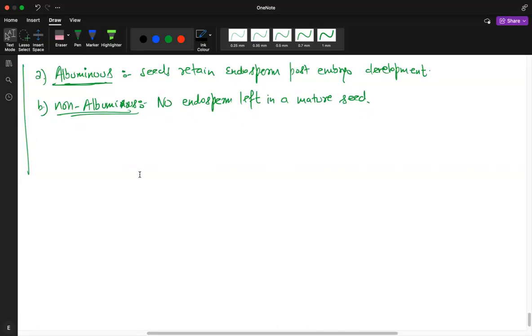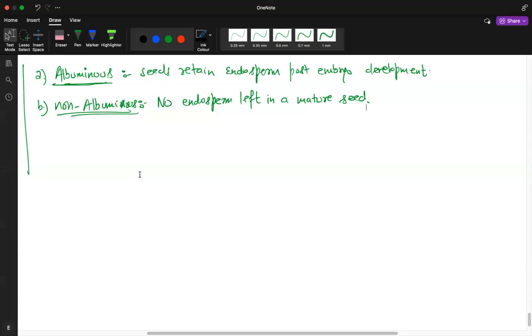And you can write down those kinds of seeds are called perispermic seeds, or that tissue is called perisperm, because it is not endosperm. It cannot be endosperm because endosperm comes from the fusion of polar nuclei, which is inside the embryo sac, with the male gamete. So endosperm is inside the embryo sac, but nucellus is outside the embryo sac.